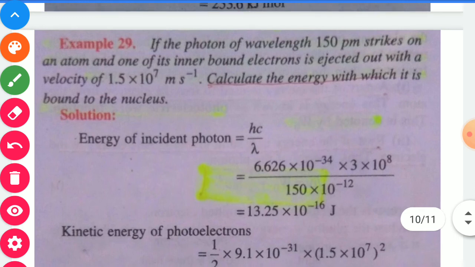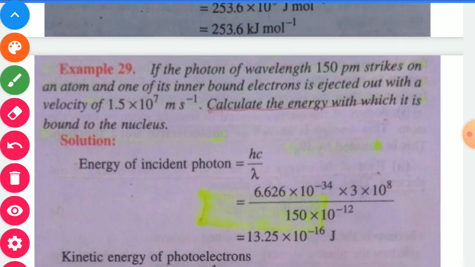Now next question, if the photon of wavelength 150 picometer strikes on an atom and one of its inner bound electron is ejected out with a velocity of 1.5 into 10 power 7 meter per second, calculate the energy with which it is bound to the nucleus.